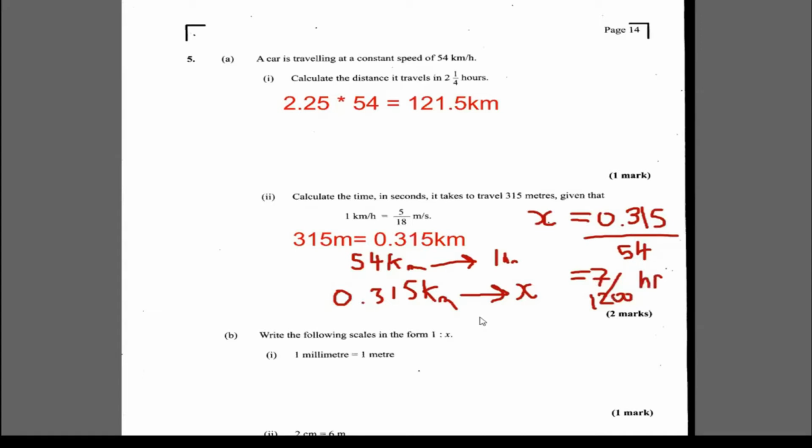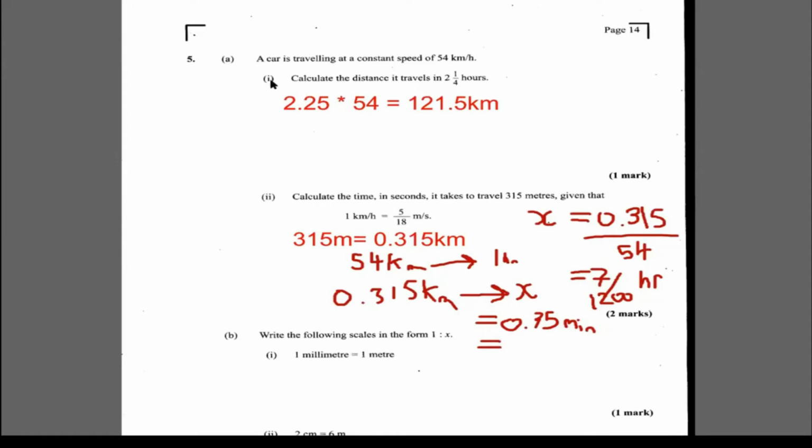Now 7/1200 of an hour, you can multiply that by 60, and it's really taking how many minutes? 7/1200 hour multiplied by 60, and you get 0.35 minutes. And then you can multiply this again by 60 to find out how many seconds it actually takes.